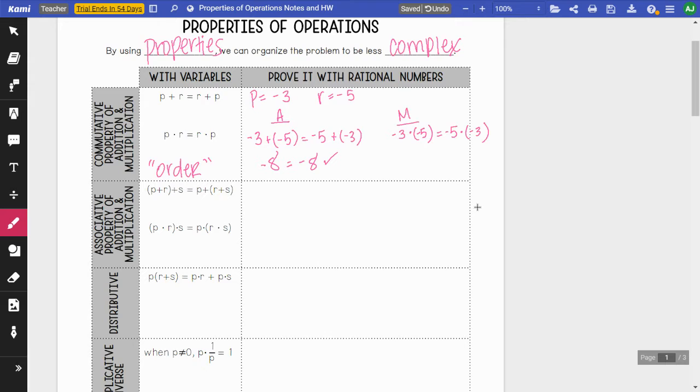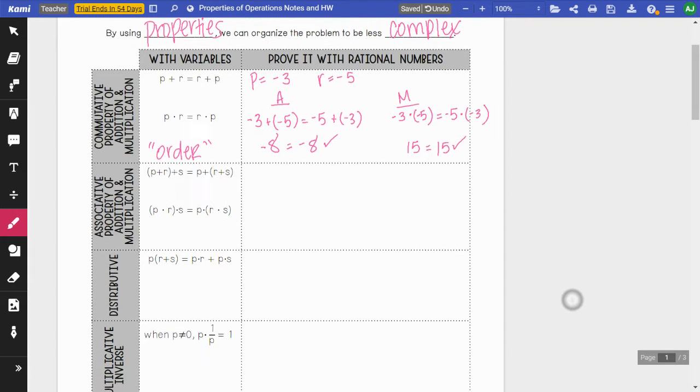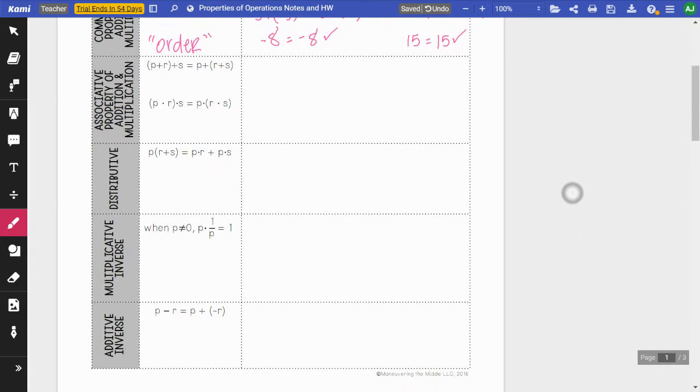So 3 times 5 is 15, and it is the same sign, so it's positive. Then on the right side of the problem, 5 times 3 is 15. Again, they have the same sign, so it is positive. That is an example of how to prove that the commutative property works for both addition and multiplication.